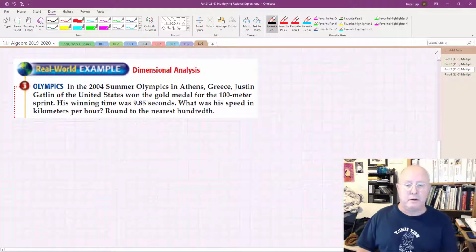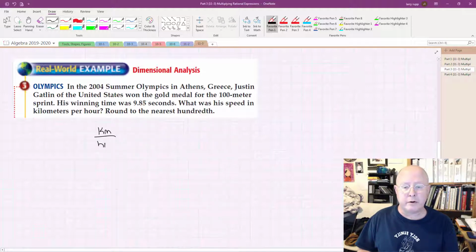Okay. Well, again, word problem. That means we have to interpret some of what we're talking about here. What we want to end up with is speed in kilometers per hour. Well, what do we have to start with? Well, we've got this thing about 9.85 seconds, and we've got 100 meters.